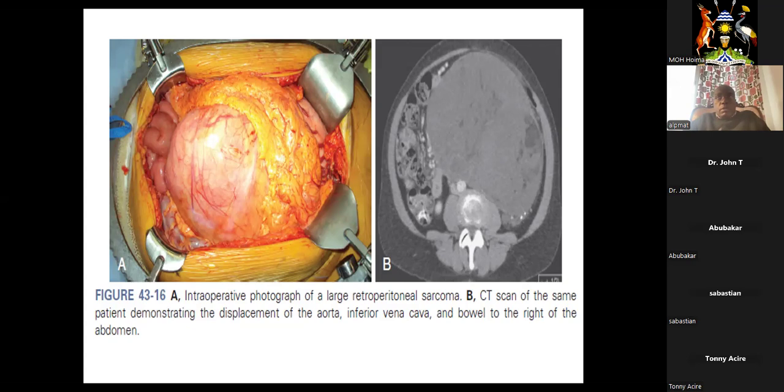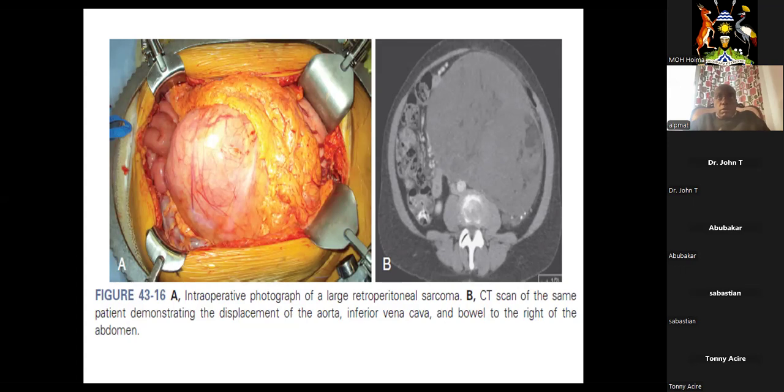Functionally, the retroperitoneum acts as a medium for absorption of fluid. It is actually stated that over 500 mils of fluids are absorbed every hour across the peritoneum. So it is a conduit for absorption of fluid.